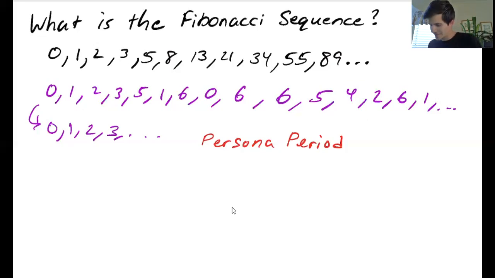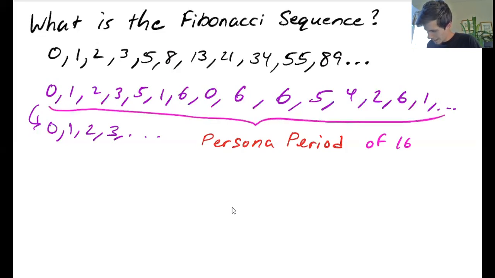So in this case, the number of digits was 16.